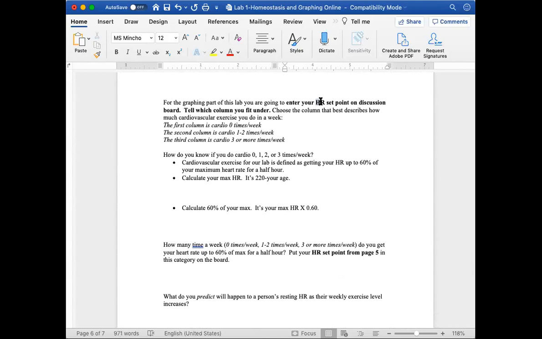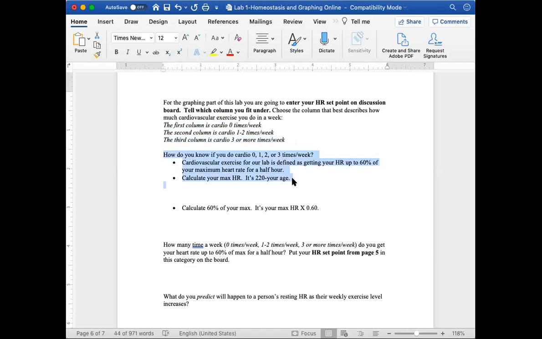For the last part, once you have all of your data collected, I want you to enter your heart rate set point on the discussion board and tell us what column you fit into. So for my heart rate, my set point is 74 beats per minute, right? I exercise 3 or more times per week. Here's your criteria for all of you kinesiology or exercise physiology people.